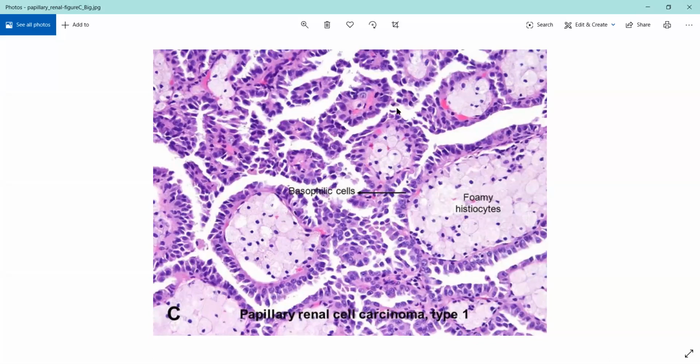If you know papillae, similar to the papillae that are present in your tongue, these papillae will have a papillary pattern, and they will be present over a fibrovascular stalk. So the white regions that you can see in between them, those are fibrovascular stalks. Mostly these cells are cuboidal.